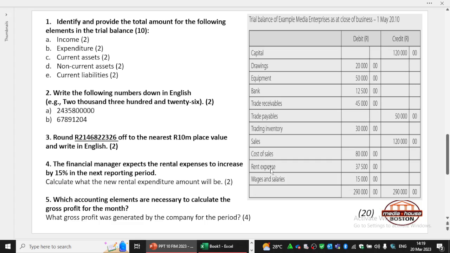Under drawings, the company made money, and the owner didn't get to take that profit yet during the time the company made money. But somewhere during the following year, the owner decides that he requires money and he doesn't have any. So he's going to take the profit that was already generated by the business in the previous year and use it. We refer to that as drawings. So he's taking his share of profit from the business itself.